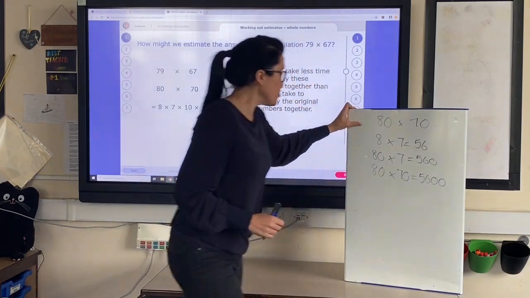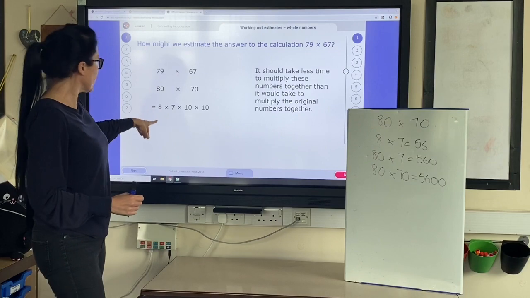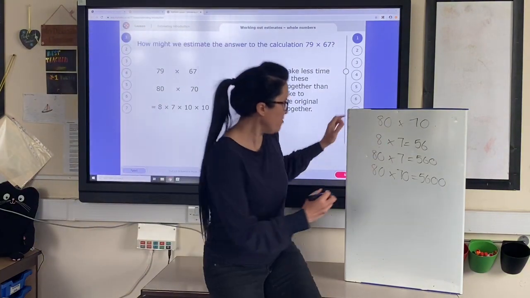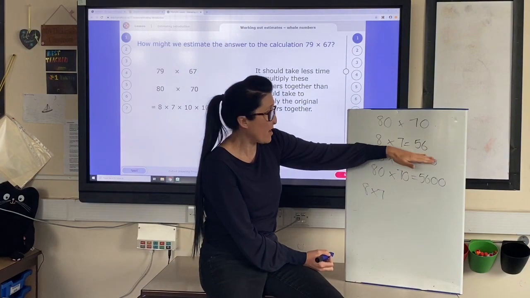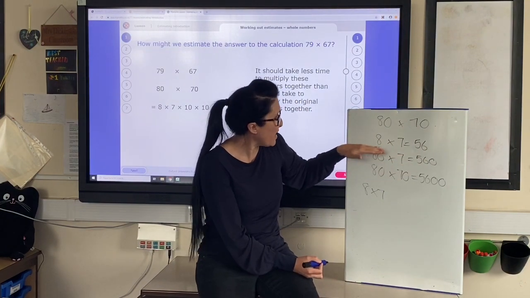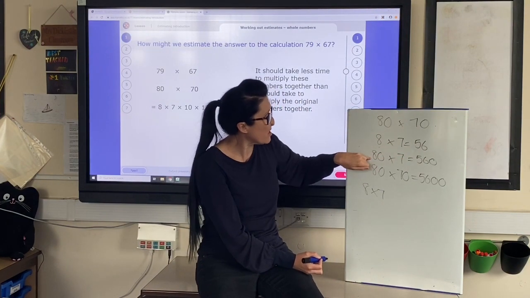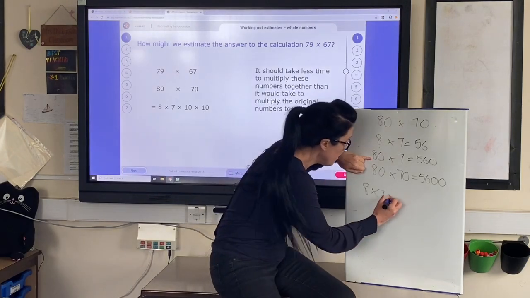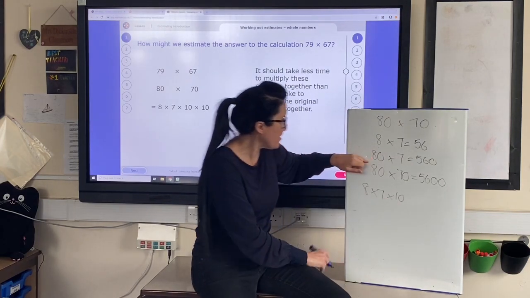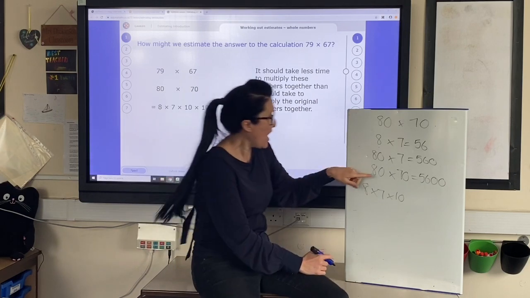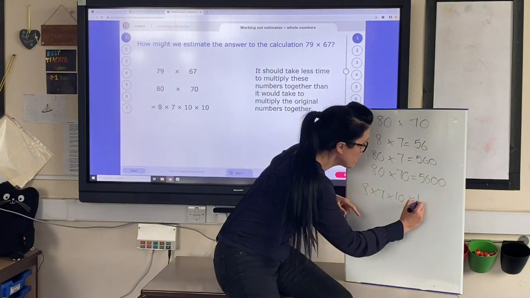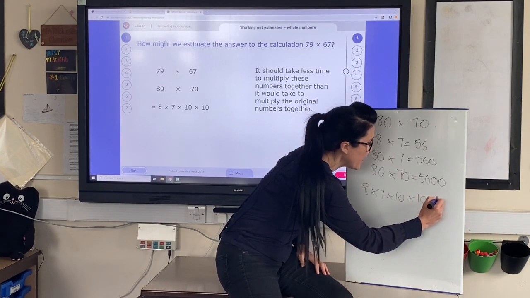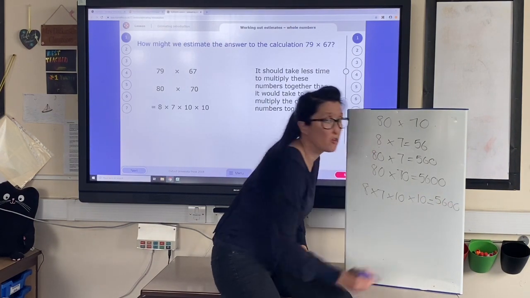So from that, you should be able to see now that what I've actually done is 8 times 7 here, and I got 56. I multiplied that by 10 because I'd multiplied my 8 by 10 to get to 80. That's where this one's come from. And then I multiplied in my next step my 7 by 10, so I've multiplied by 10 again to get 5,600.